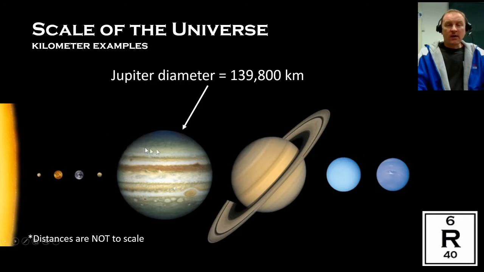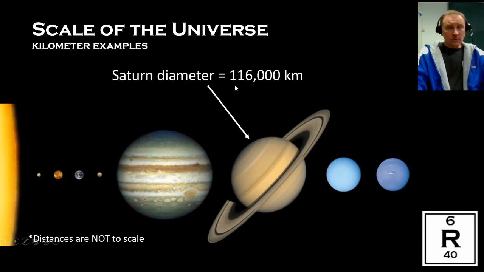Then we have our massive Jupiter. Jupiter is the largest planet in our solar system, and it's got a diameter of 139,800 kilometers. The next largest is Saturn, 116,000 kilometers, and it's believed that the rings around Saturn were once a moon, or two moons, and they crashed into each other, and this is the debris that got caught in orbit around Saturn.